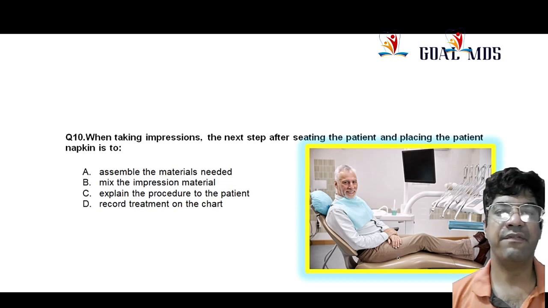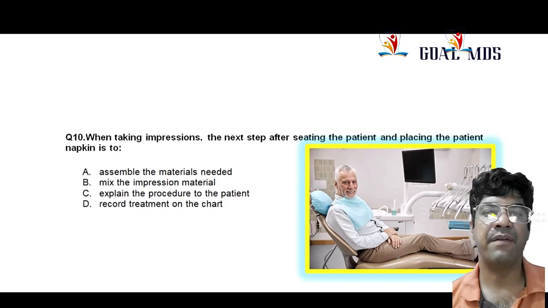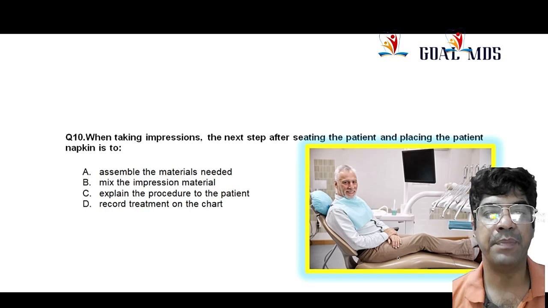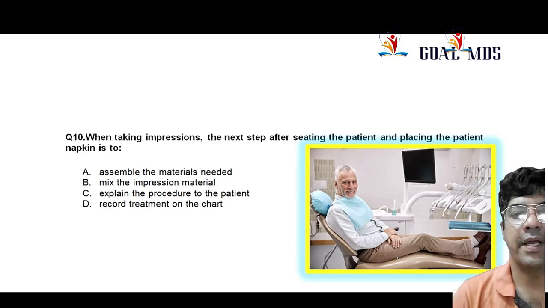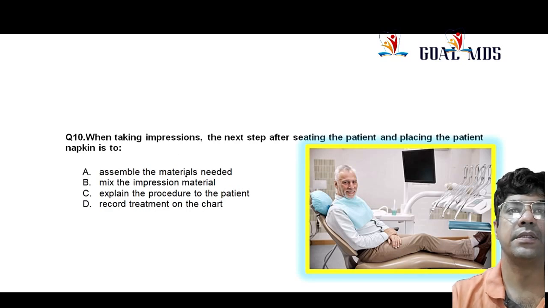Moving to next question, when taking impression, the next step after seating the patient and placing the patient napkin is, prior to taking the impression, the patient must be informed of the procedure and process explained so that there is complete cooperation.